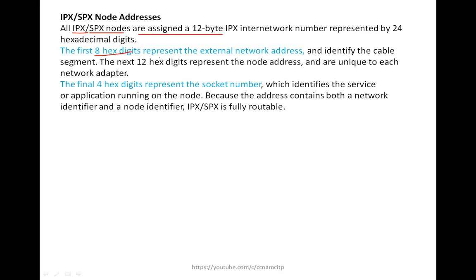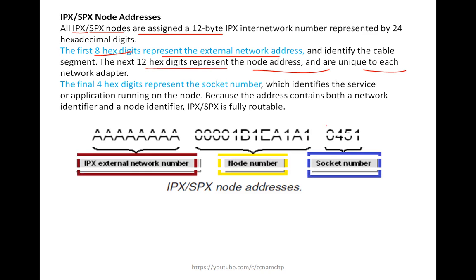The first 8 hex digits represent the external network address and identify the cable segment. The next 12 hex digits represent the node address and are unique to each network adapter. So this is what I'm talking about here. Certain things are very difficult to understand theoretically, and let me tell you here.